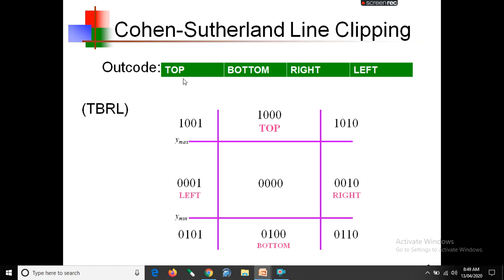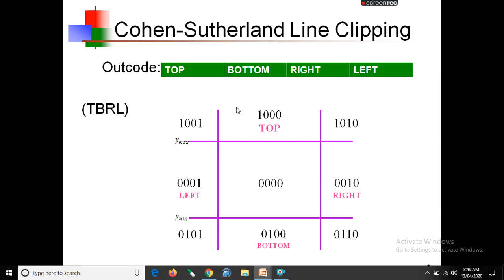The first bit position represents top, the second bottom, the third right, and the fourth left. These are the 4-bit out codes we use to assign the out code for each area of the two-dimensional plane. I wrote TBRL, which is nothing but the 4-bit positions.